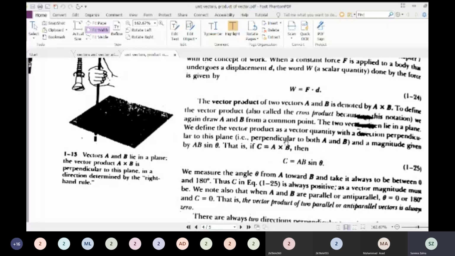Suppose I am taking a cross product of two vectors A and B. So we will get a resultant vector C. Instead of writing A cross B, I'm writing C. C equals AB sine theta. This is the formula for the cross product.